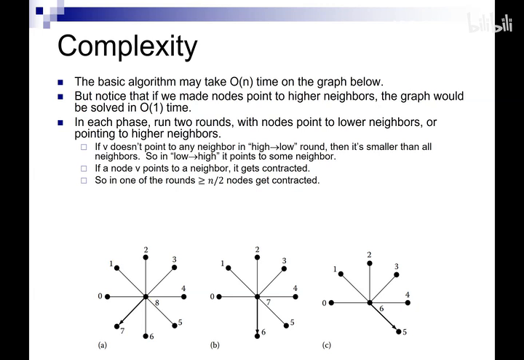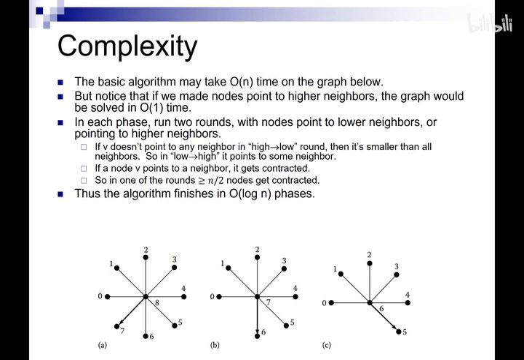So either in the high to low round it's going to point to someone, or in the low to high round the node is going to point to someone. And as long as it points to someone, it's going to get contracted. Therefore every node is going to point to someone in one of these 2 rounds, and so in one of these 2 rounds, we can contract at least half of the nodes.